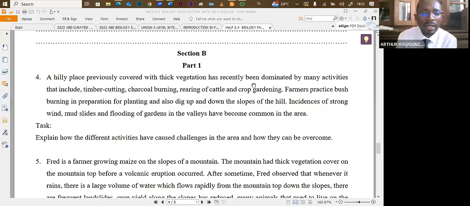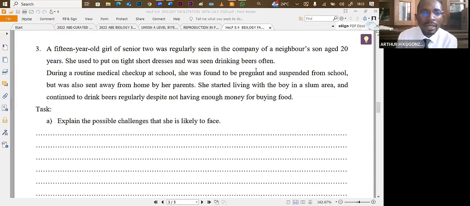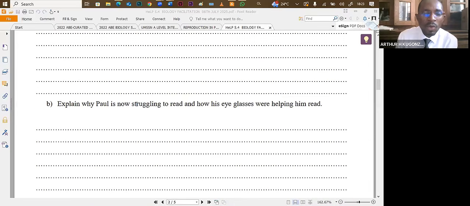Now here, the task is saying, explain why Paul is now struggling to read and how his eyeglasses were helping him to read. Explain why he's now struggling to read.